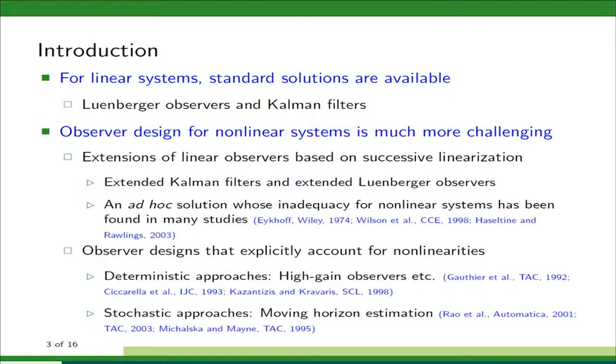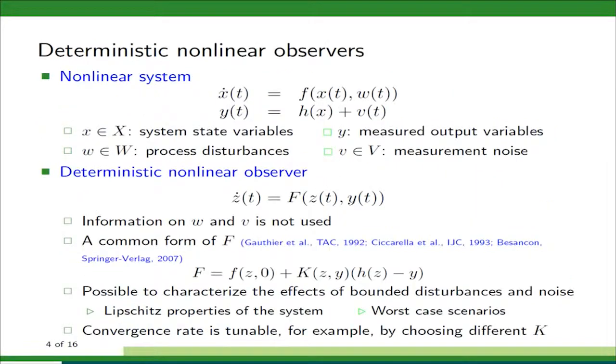In the first category, in the design of the observers, disturbances and measurement noise are not considered explicitly, and we can say this kind of design is deterministic approaches. And in the second category, the information of disturbances and measurement noise are taken into account explicitly. One example is moving horizon state estimation. I'm going to talk about these approaches a little bit in the following slides.